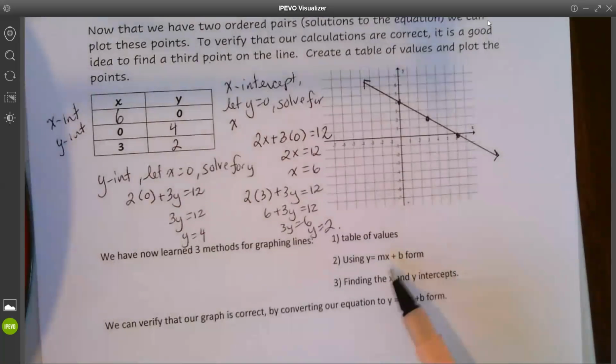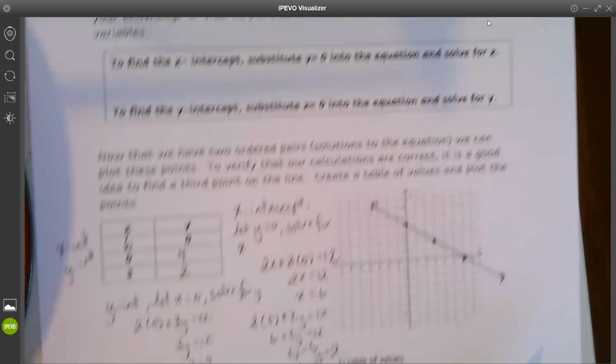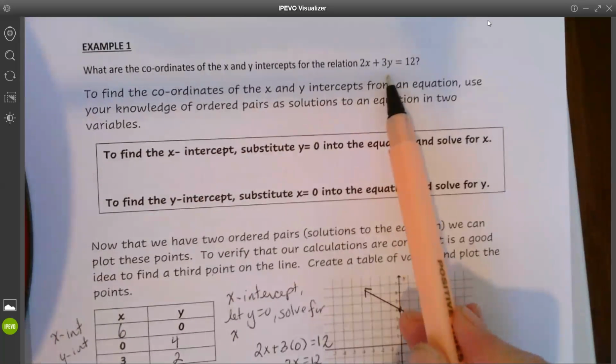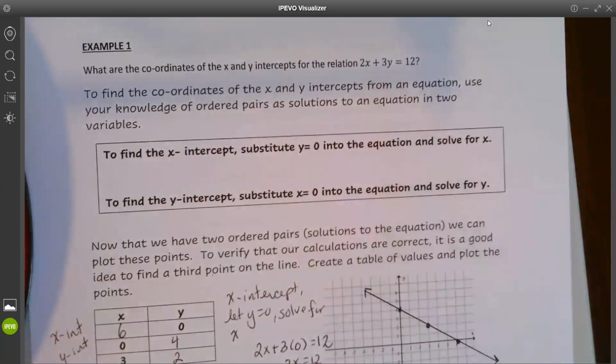So obviously, if your equation is already in the form y equals mx plus b, then that's the method that I want to use. Okay. If it's not in y equals mx plus b, it's in a format similar to what we have where the 2 variables are on the same side of the equation, then finding the x and y intercepts might be a little bit easier to do the calculations for.